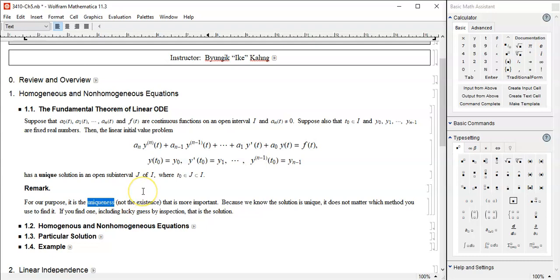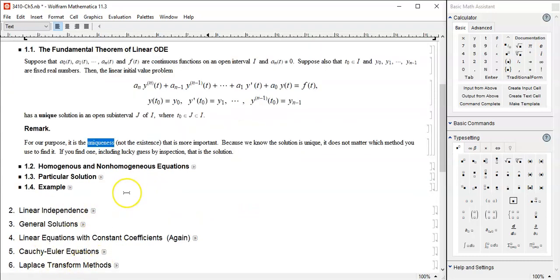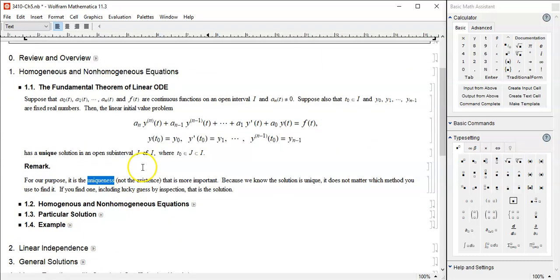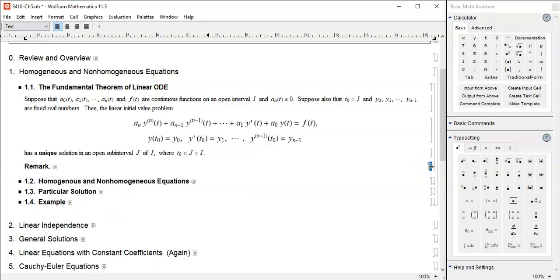And we're going to deal with a lot of different methods here, and none of these methods is perfect, as a matter of fact. Sometimes it works, but more often than not, they fail. But we still try, and if we find a solution, that is the solution. Why? Because of this fundamental theorem. No matter what method you use, if you're lucky enough to hit the solution, that is the solution.